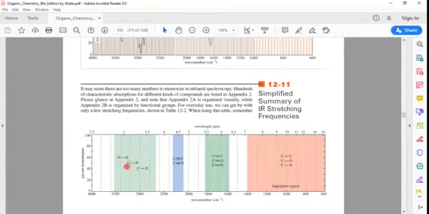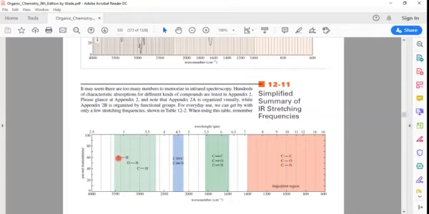Then we have the oxygen-hydrogen stretching, a broad and strong absorption. And then we have the NH, maybe as one peak or a doublet type of peak, so maybe primary or maybe secondary.